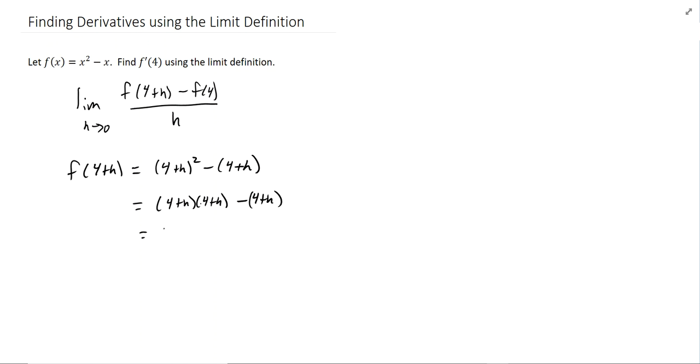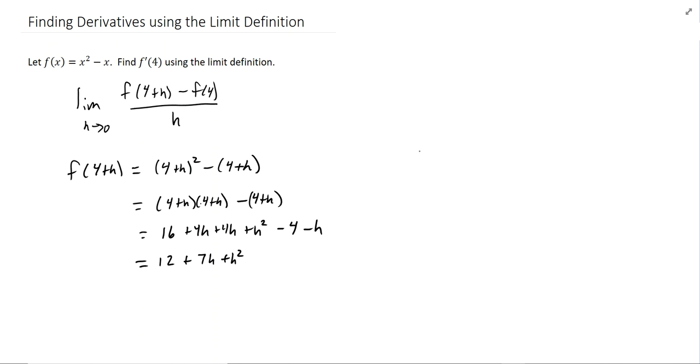So I'm going to do 4 times 4, 4 times h, h times 4, and then h times h. And then let's go ahead and distribute the negative through, so I'll have minus 4 minus h. And then if I collect the like terms, I've got 16 minus 4 is 12, I have 4 plus 4 is 8, minus 1, 7 h's, and plus an h squared.